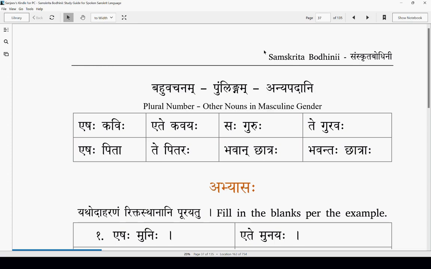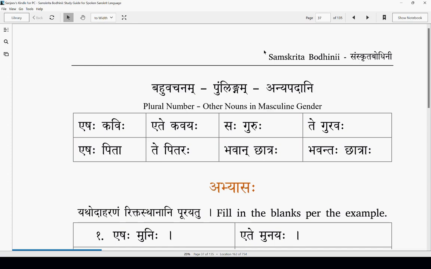Any examples ending in i? Rishi, Muni, Atithi, Ravi, Agni, Sarathi. In fact, they are all like Kavi.